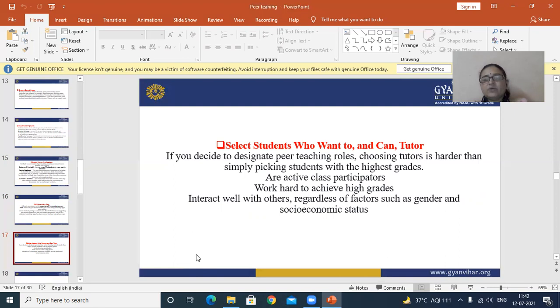Look for active class participants who work hard to achieve high grades and interact well with others, regardless of factors such as gender or socioeconomic status.